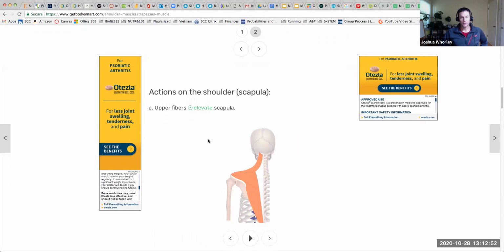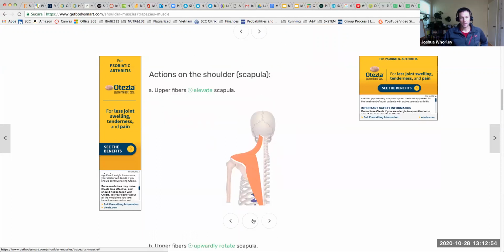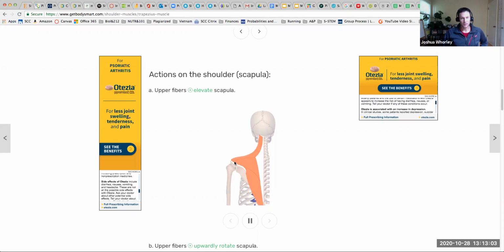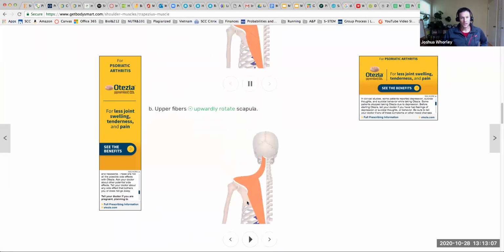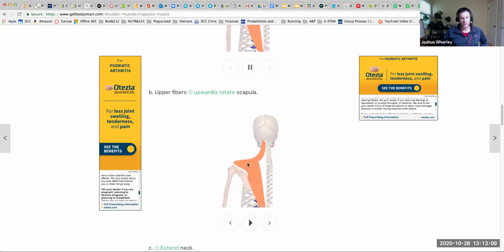It can certainly elevate the scapula, right? So it can elevate when this portion, its origin here on the occipital, pulls. It can also rotate the scapula upward.